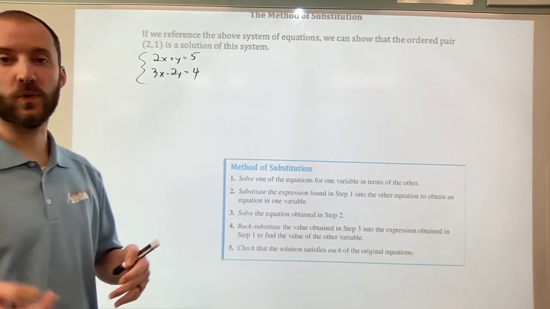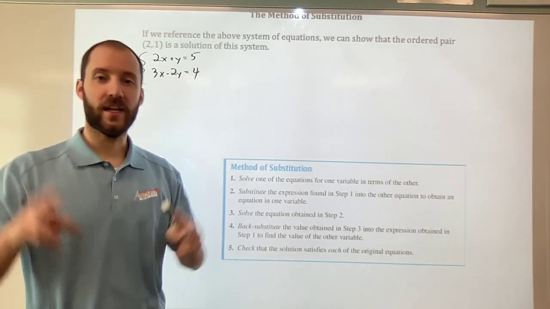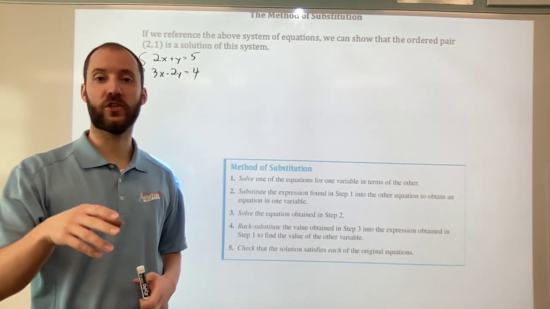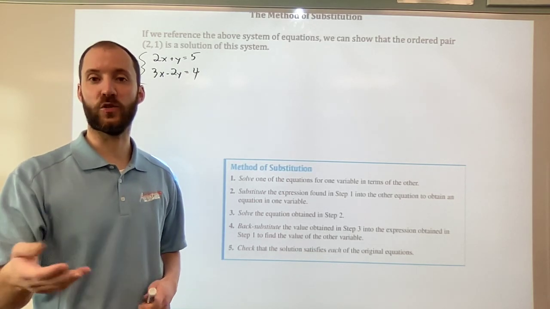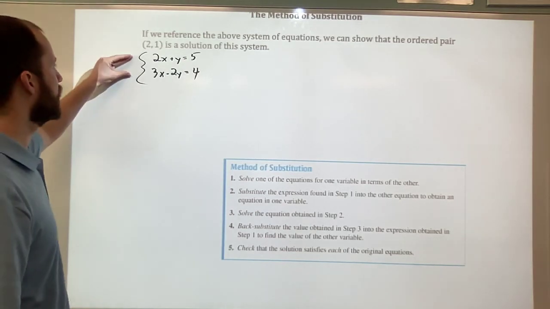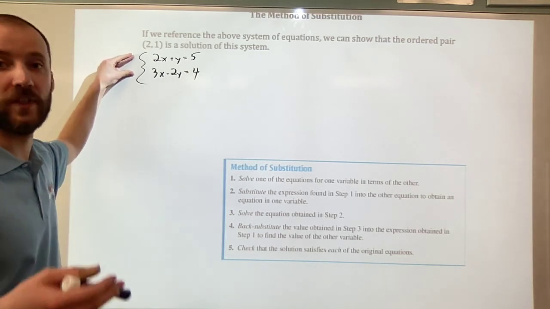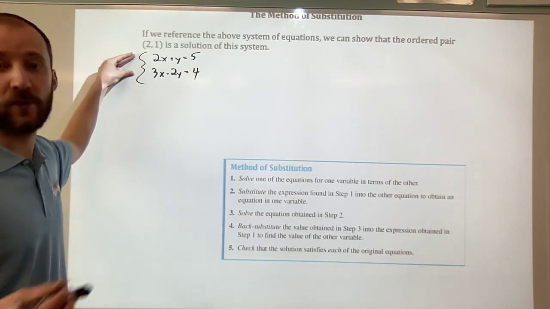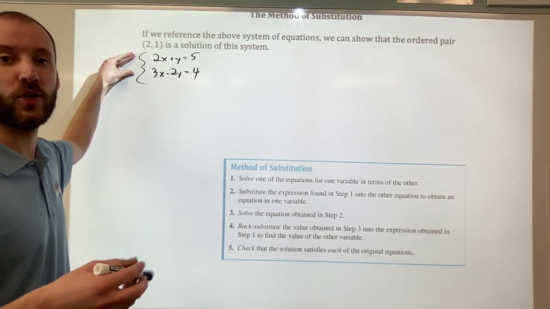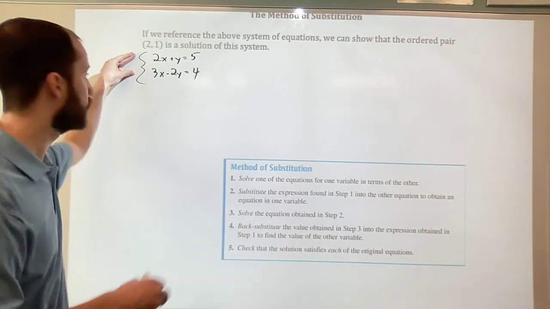When you substitute, when you plug into the other equation, you are writing a new equation with only one variable. If there's only one variable, it's pretty easy to solve, just algebra 1 skills. So you have two equations, and you want to take one of them and solve for one of the variables. Preferably, one of the variables in one of the equations that doesn't have any coefficients on it. That's a pretty easy variable to solve for.